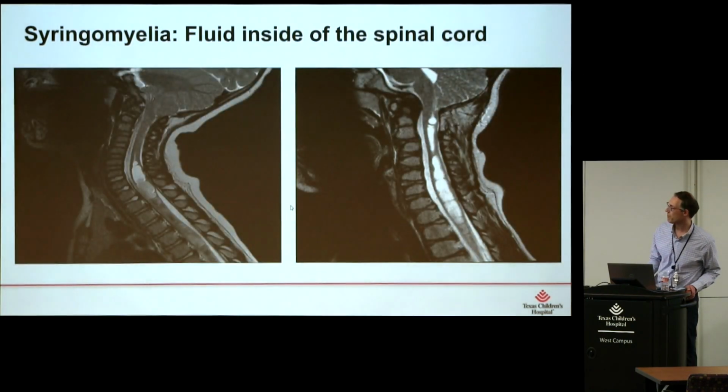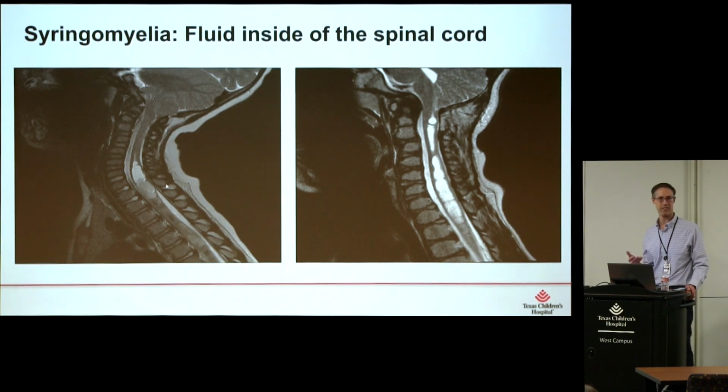Syringomyelia, so that we're all on the same page, you can see two pictures here. Both patients have Chiari, and so that's the cerebellum coming down, and then you can see a syrinx, which is a fluid-filled cavity that's in the spinal cord. So you shouldn't have fluid in the spinal cord. When you start out as an embryo, the spinal cord is flat and it rolls into a tube.